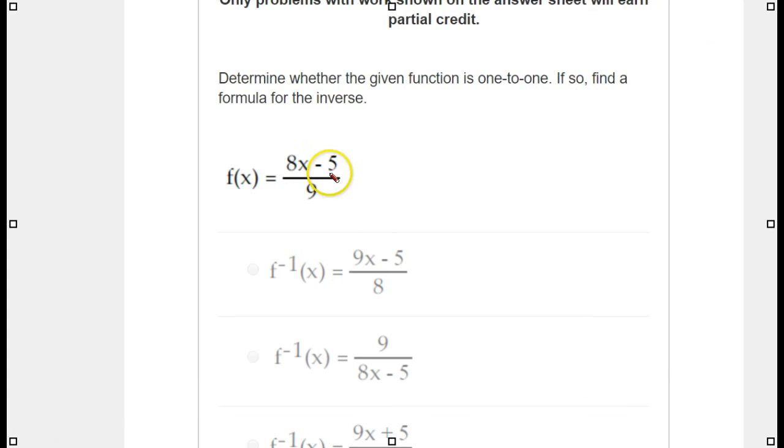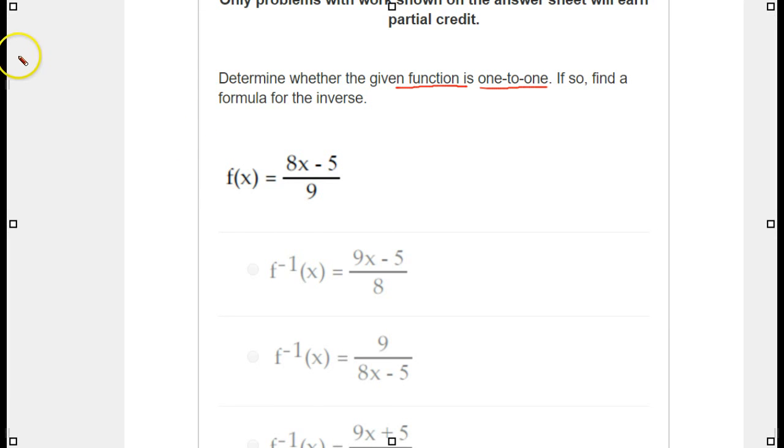Let's go on. Well, for this one, again, this is chapter or module 6. You wanted to see if this is a function. They are saying it's a function. Is it a one-to-one? Well, let's see if it passes the horizontal line test.